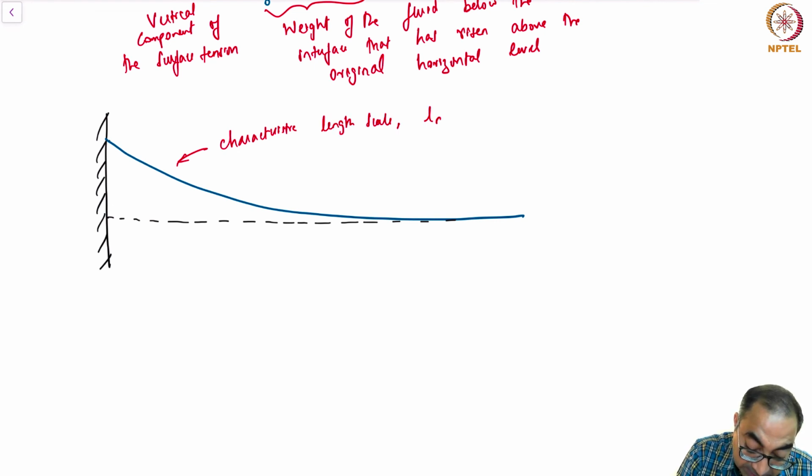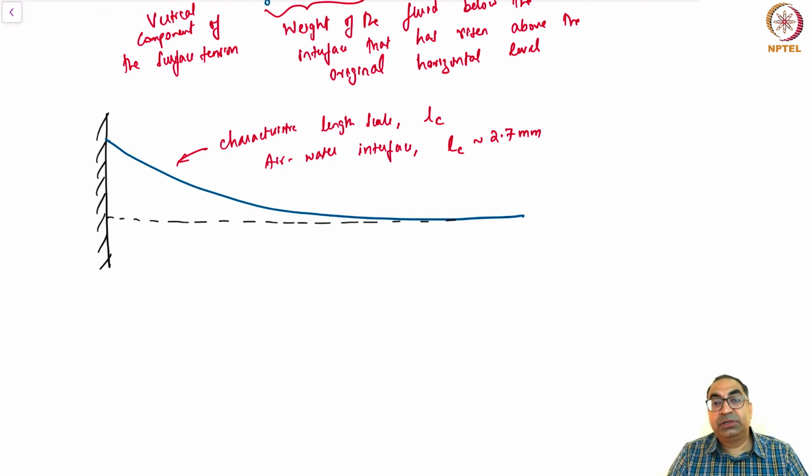The characteristic length scale is LC, and for an air-water interface, LC is about 2.7 millimeters. So next time you dip a straw into a glass of water, notice the little bend that you see around the straw, and the typical length scale of that bend would be a few millimeters. That's because the characteristic length scale is the capillary length, 2.7 millimeters.